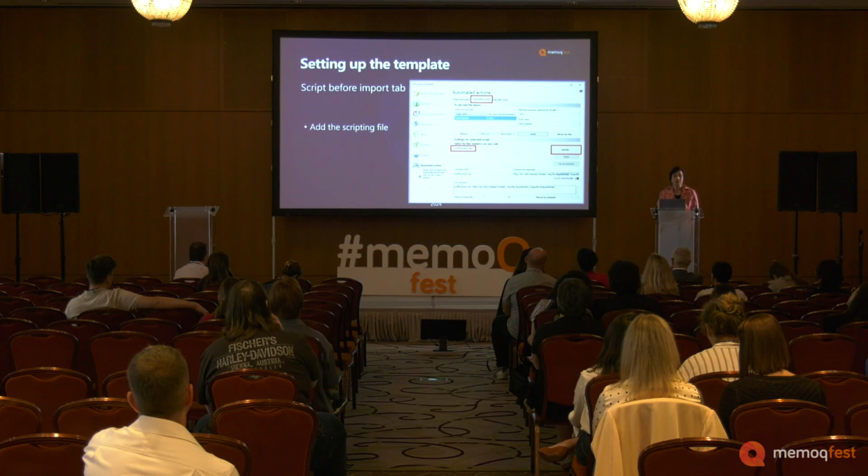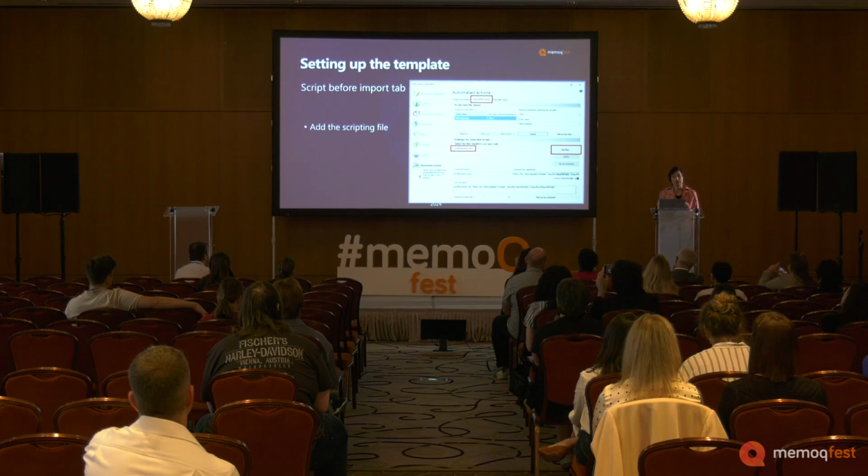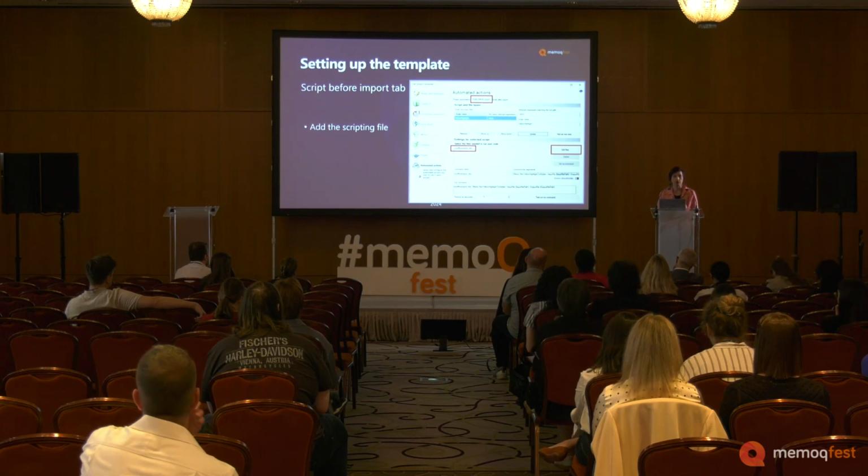And then you need the connection between memoQ and the outside system that is going to process the file. In this case, it's the run office macro file. It's a Visual Basic script. It doesn't come with memoQ, but you can get it from the support. So this is a default connection file between memoQ and Word, just to call up macros in the background.